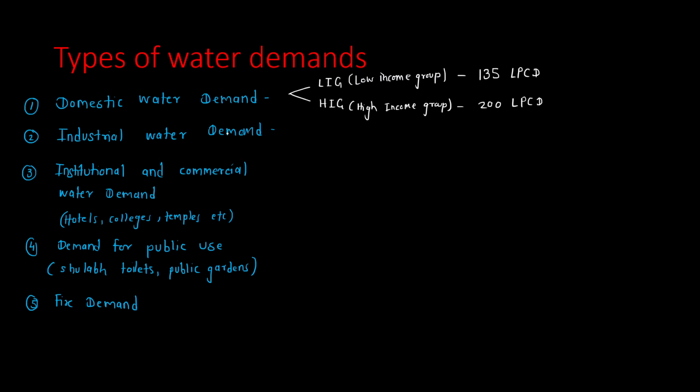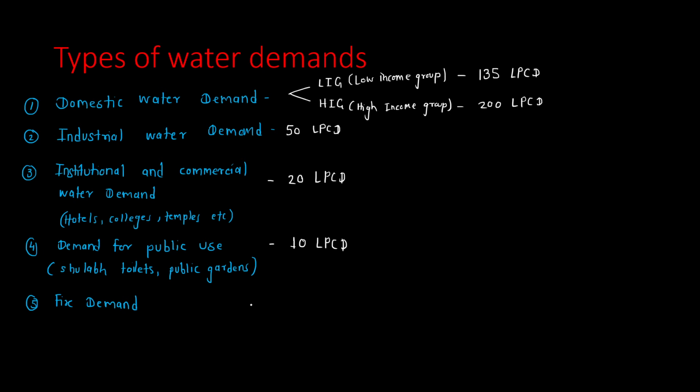Next, coming to the industrial water demand, it should be 50 LPCD. Then for institutional and commercial this is 20 LPCD. Then demand for public use should be 10 LPCD.